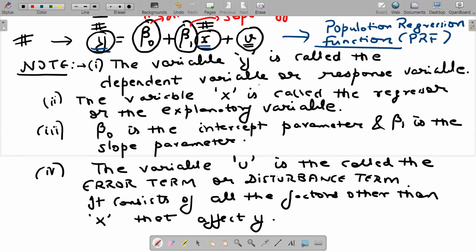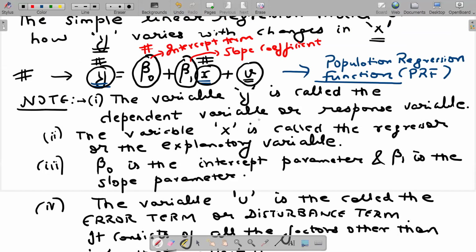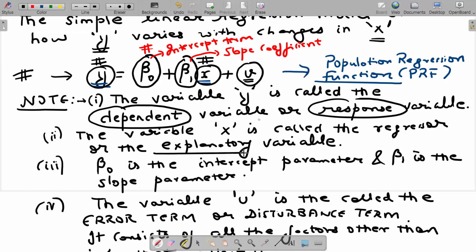So if I sum up, so far, we have started our discussion of the simple linear regression model. We are going to learn how y is going to vary with x. So when x changes, what's the impact of that on y? So y is called the dependent or the response variable. X is called the explanatory variable or the regressor. Beta naught is the intercept term.